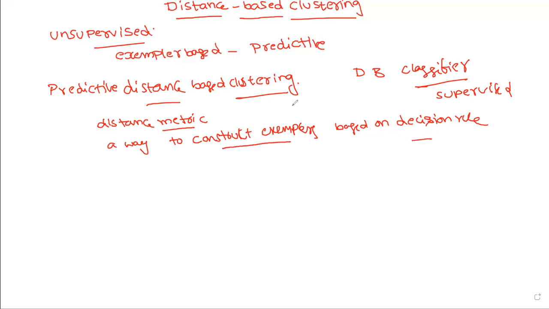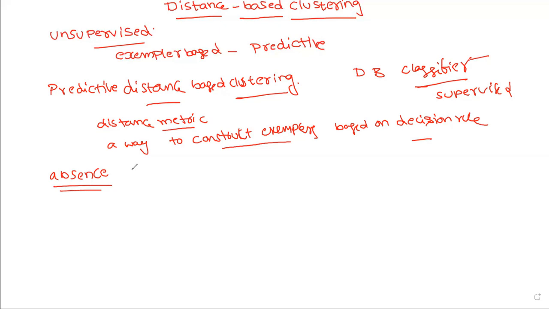Now the main difference is, in a distance-based classifier we have a target variable. But in this there is no target variable. That is the main difference. So here the target variable is not present.